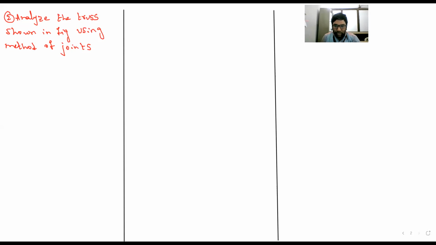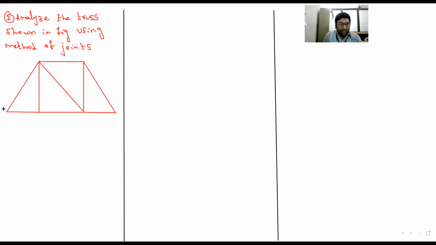Okay, so this is the problem, and we need to sketch the supports.